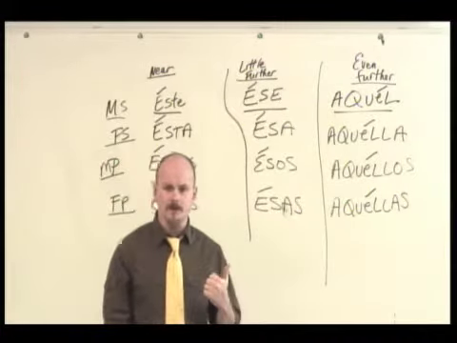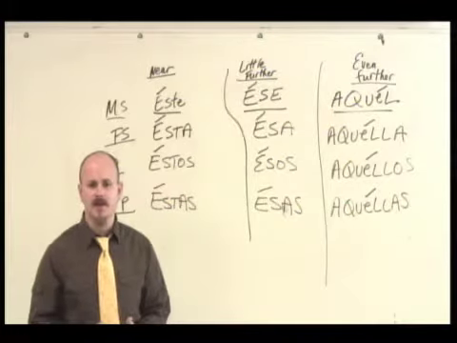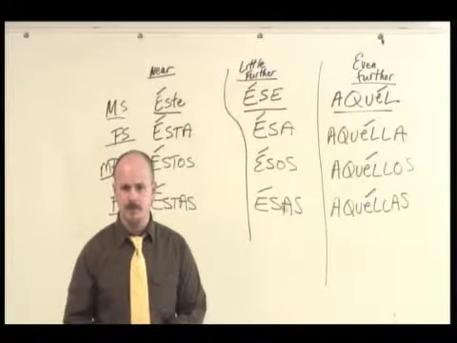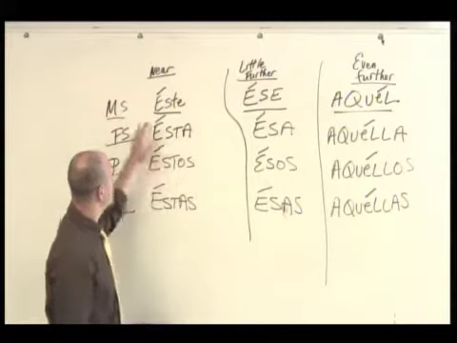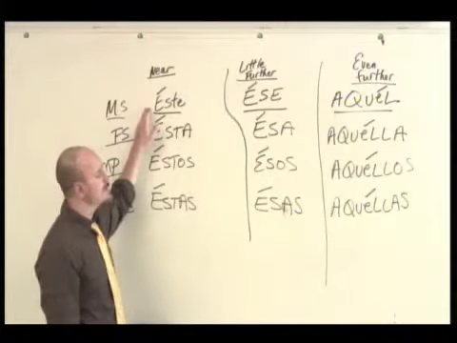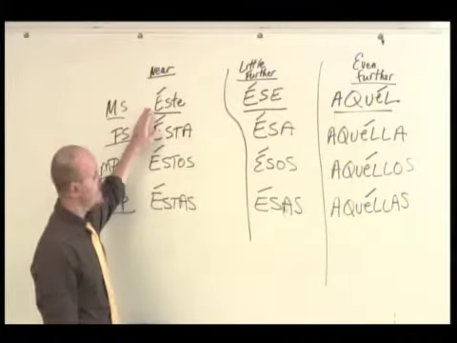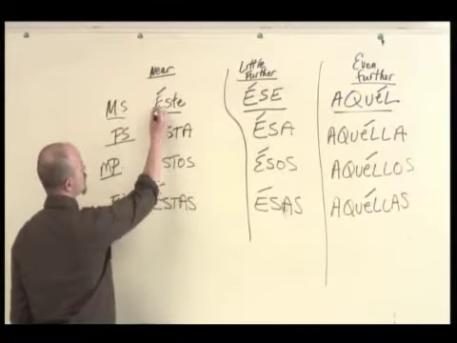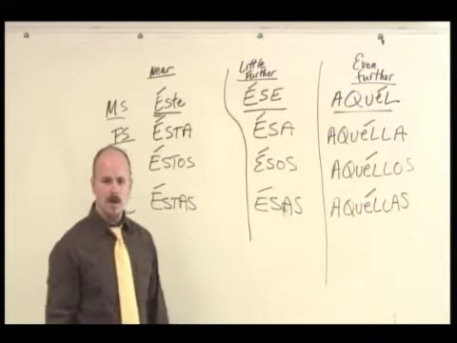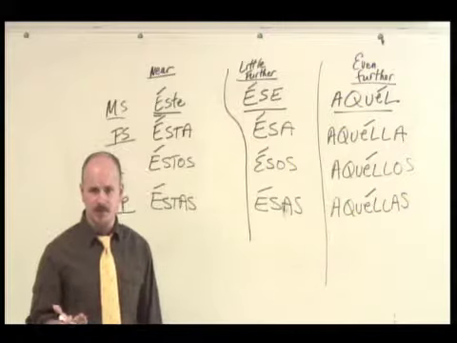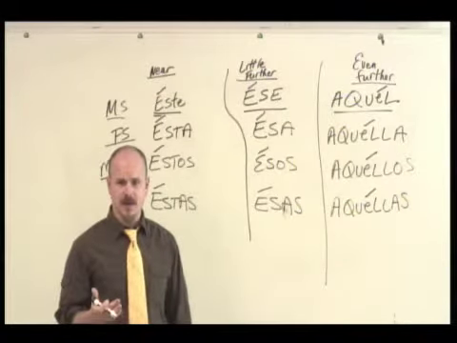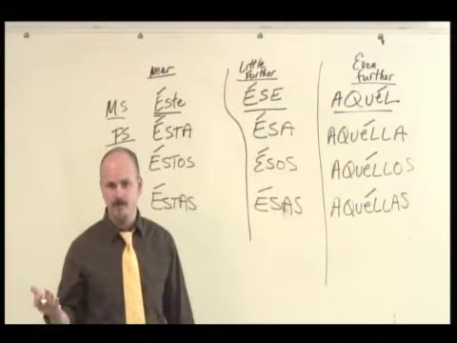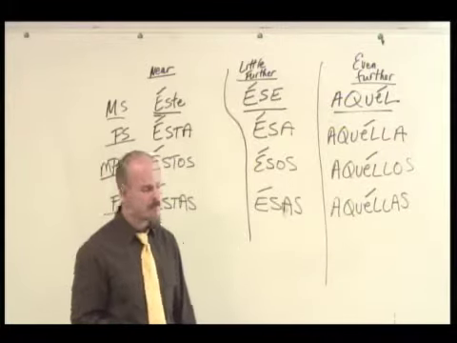Accent marks of this sort do not change our pronunciation of the word. Because of the rules of pronunciation in Spanish, this word is already pronounced with the natural stress on that E. So by writing an accent, we don't change the pronunciation of the word. The word is este and éste. Both words are pronounced exactly the same.